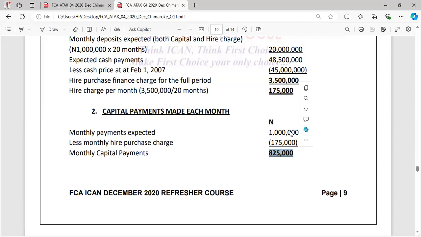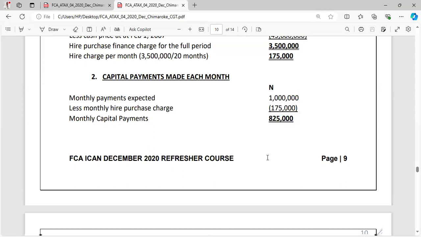Now, we are not interested in the interest part of it. We are interested in the capital part of it because we are looking for capital gains when we dispose of the asset. So this 825,000 becomes relevant for us. Now let's go to workings 3, which was relied on.